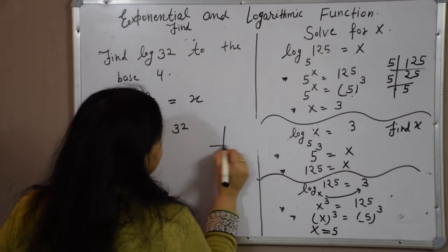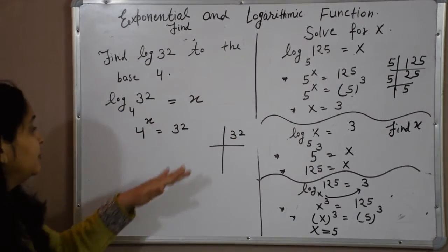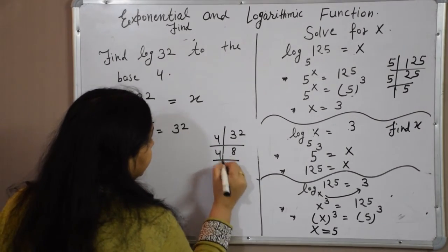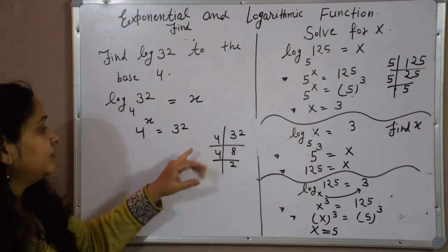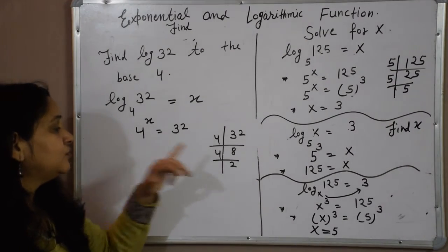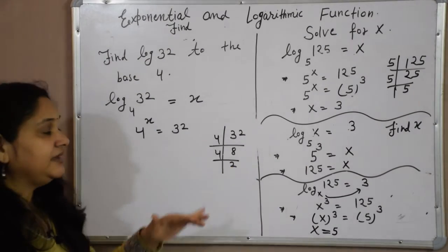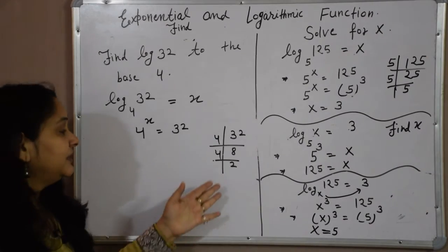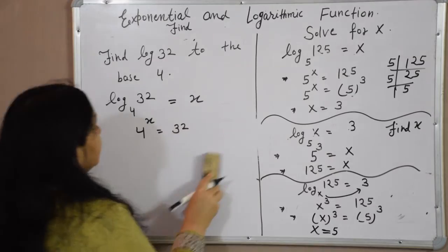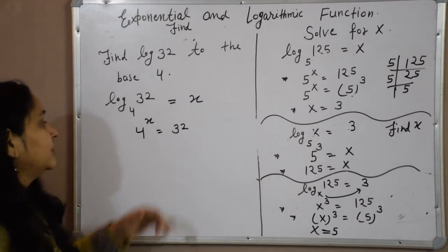So whenever we are making factors of 32 in terms of 4, because we want to make its base 4, we can see that we are not having exact 4, we are having two 4s, but one 2 is left and there is no pair for this 2. If we had one more 2, then only we could say 4 into 4 into 4, but here this 2 is left out, so we can't take this 32 in the form of 4.